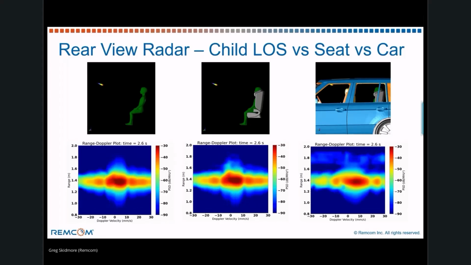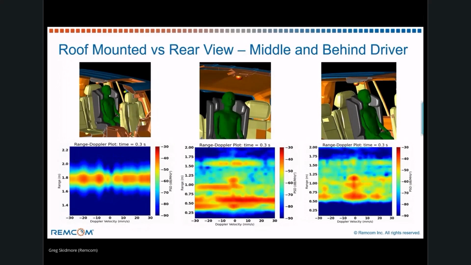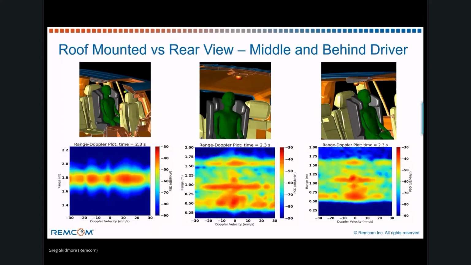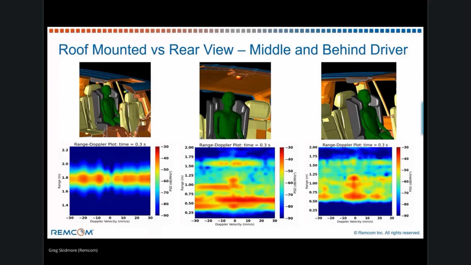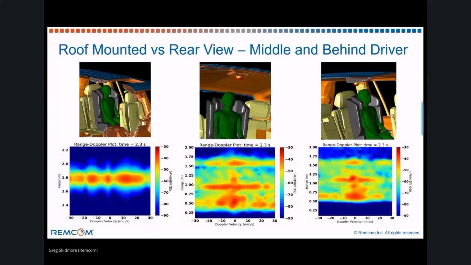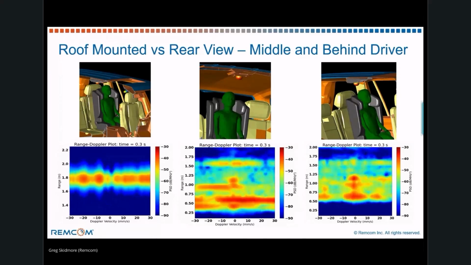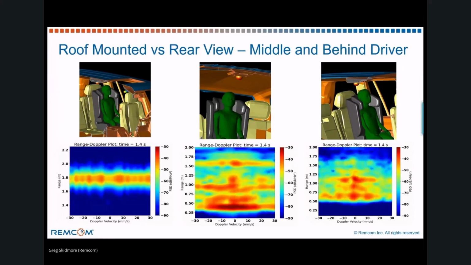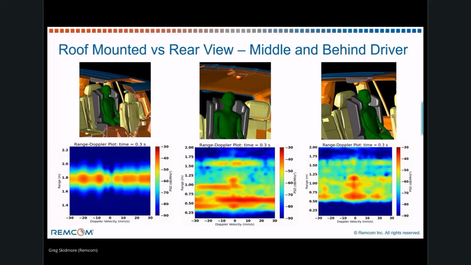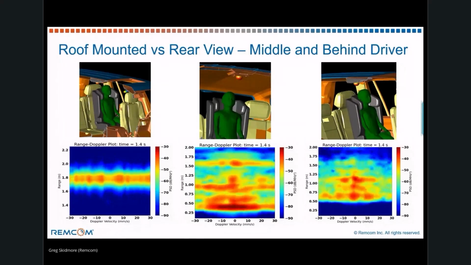So next slide. For the other radar placements, very similar story, especially for the roof-mounted radar. We see distances that make sense, and remember that the chest and the stomach, that whole plane is moving. So it makes sense that we're seeing movement with the rear view radar across the range of the child's chest, right?